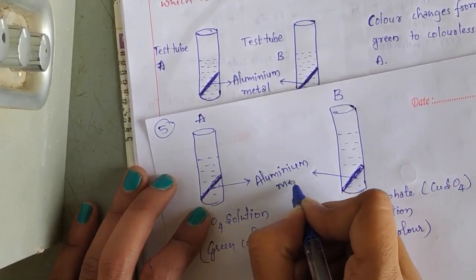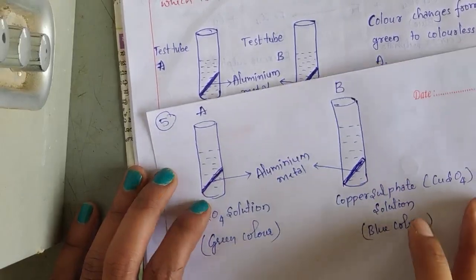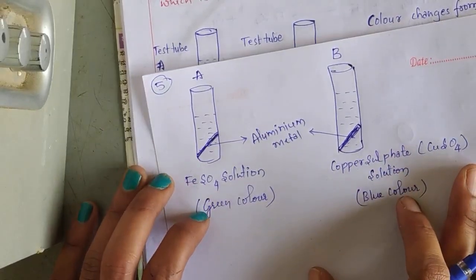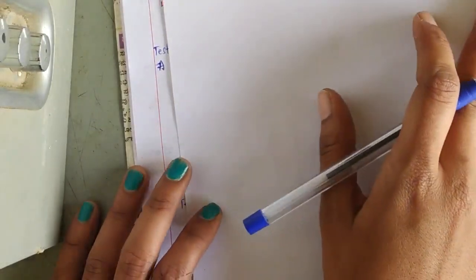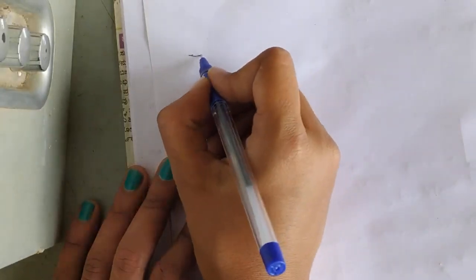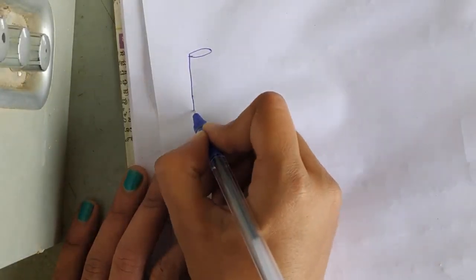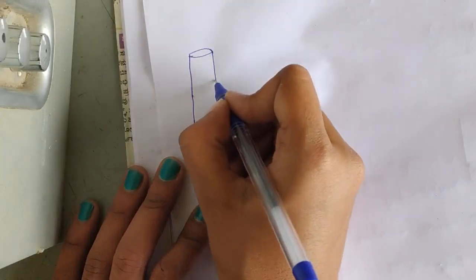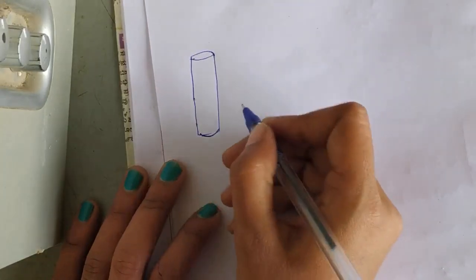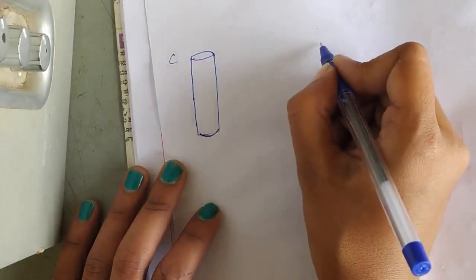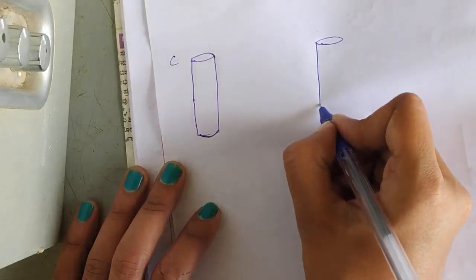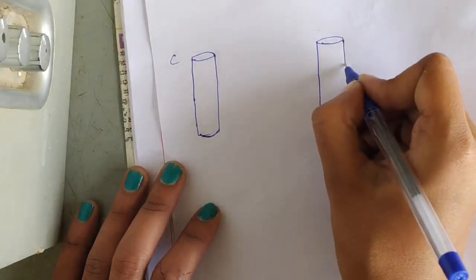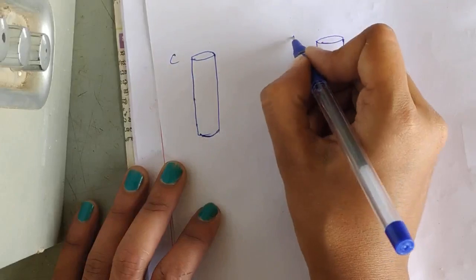We will take two more test tubes. This test tube is named as C, and we will take one more test tube, named as D.